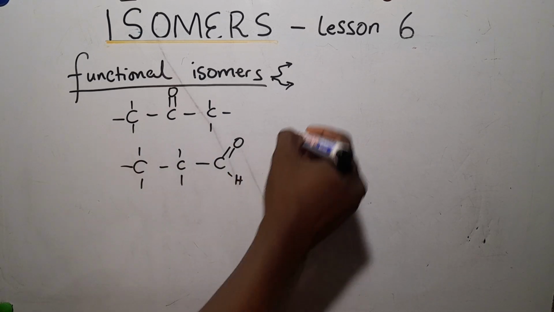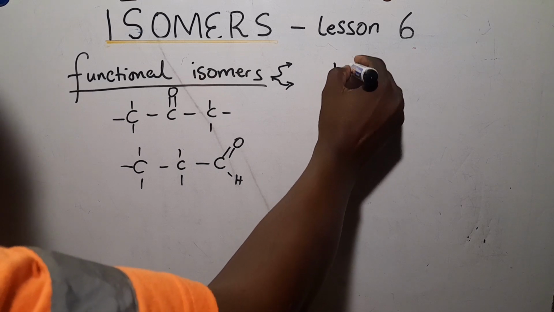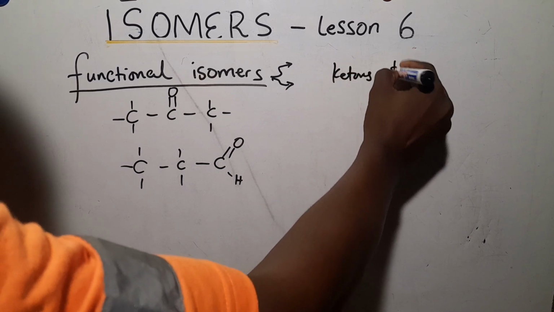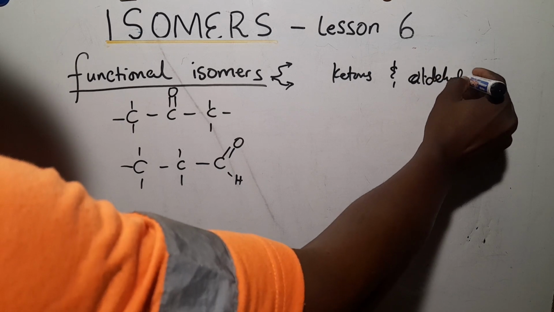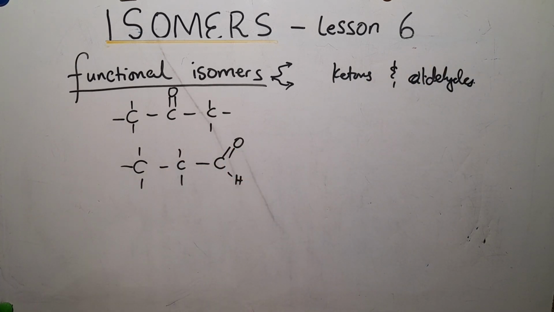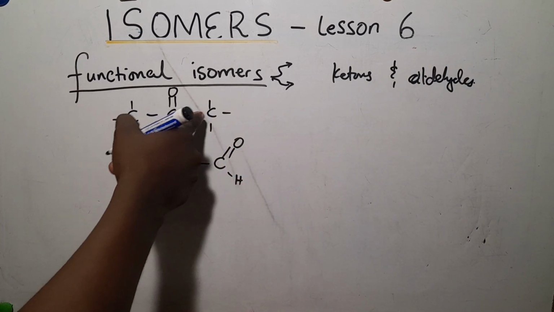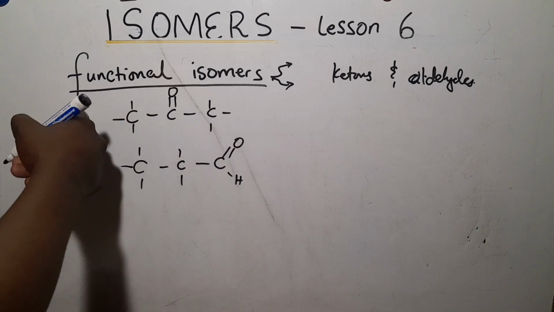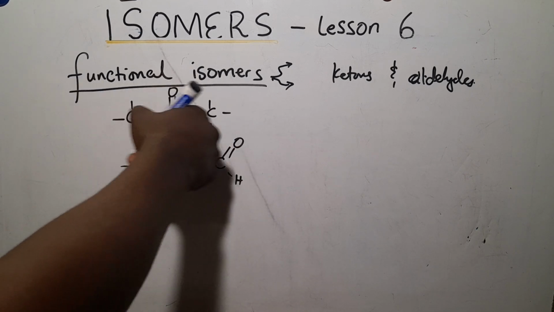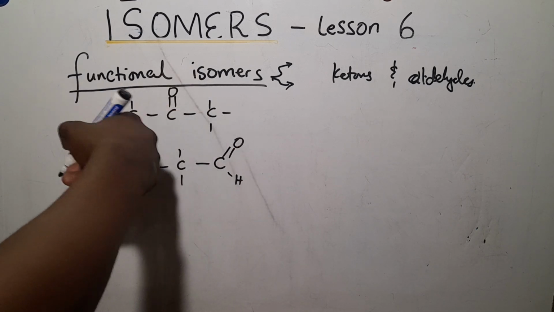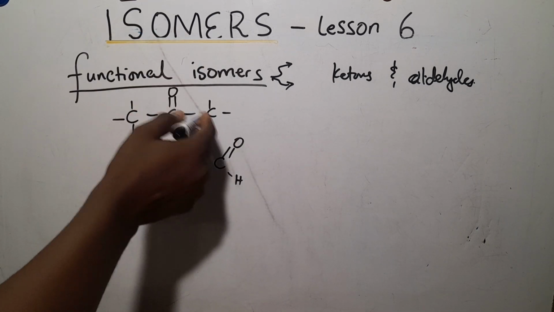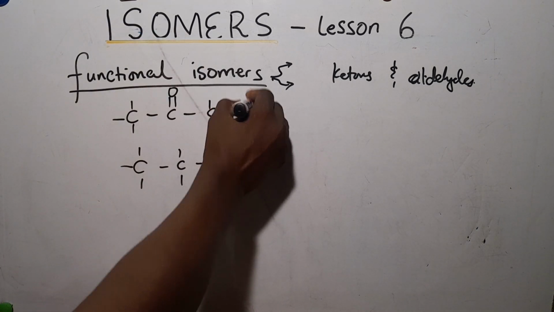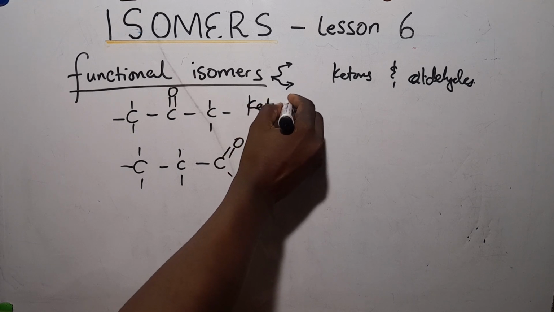So functional isomers happen between ketones and aldehydes because they are having the same functional group. It means that when that functional group moves around the chain, if it's in between the carbons, within the long carbon chain, it is a ketone.